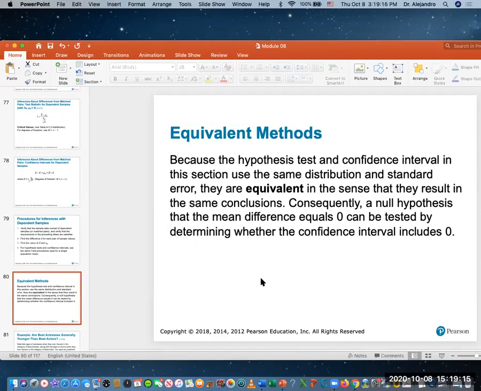Keep in mind that hypothesis tests and confidence intervals in this section use the same distribution and standard error, and they are equivalent in the sense that they result in the same conclusions. Consequently, a null hypothesis that the mean difference equals 0 can be tested by determining whether the confidence interval includes 0.